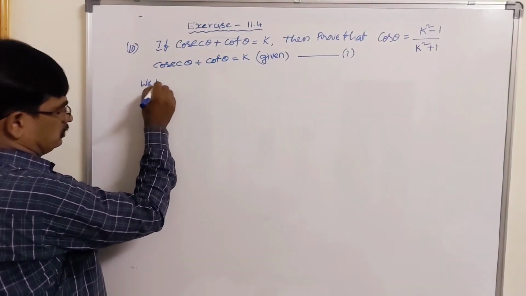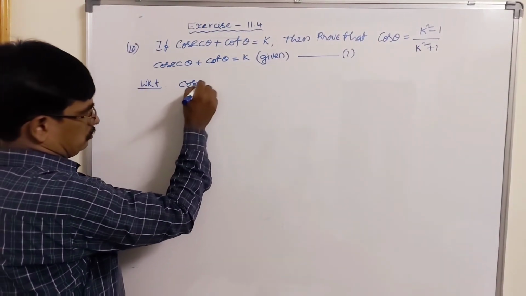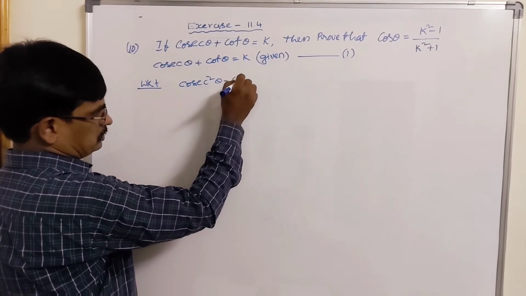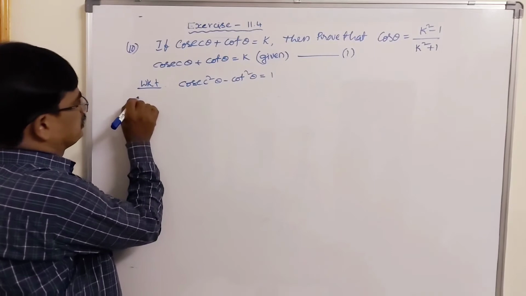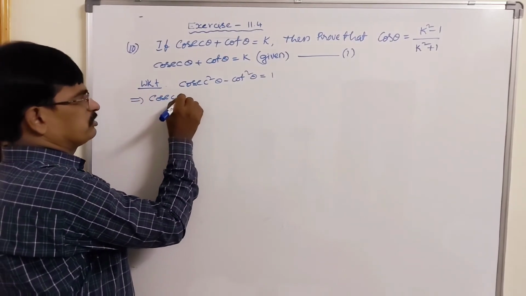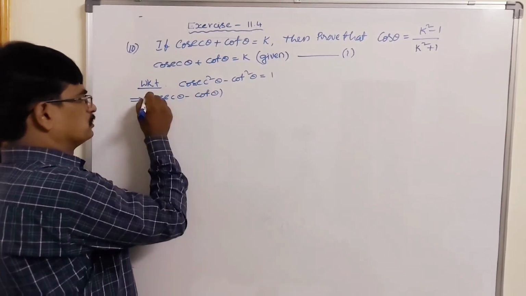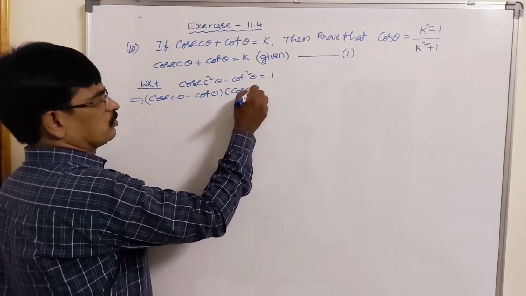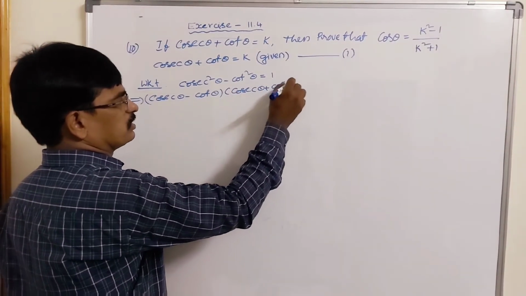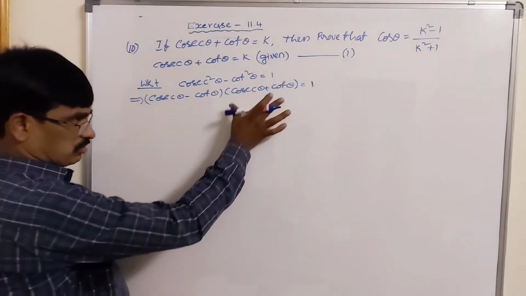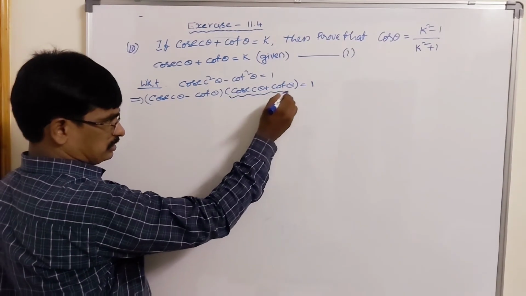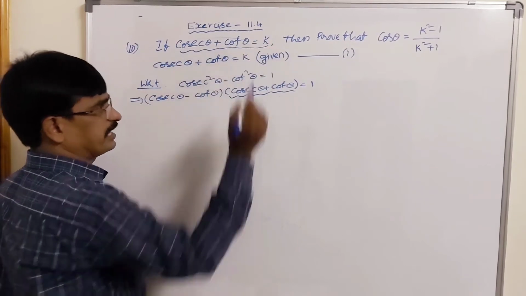We know that cosecant square theta minus cot square theta is equal to 1. This implies cosecant theta minus cot theta into cosecant theta plus cot theta is equal to 1. Now cosecant theta plus cot theta is replaced by k.